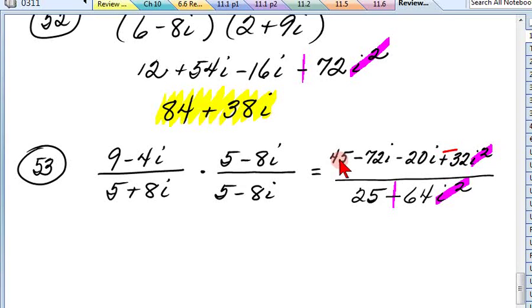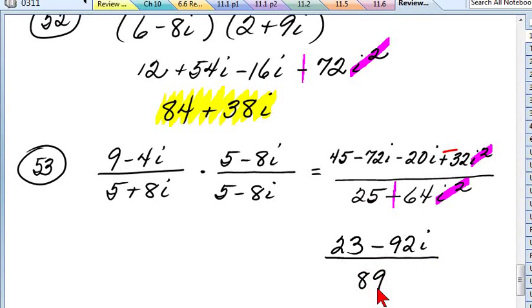I have 45, this is the top, 45 minus 32, 23. I have 72i that's negative and 20i that's negative for -92i. All over 25 plus 64, 89.